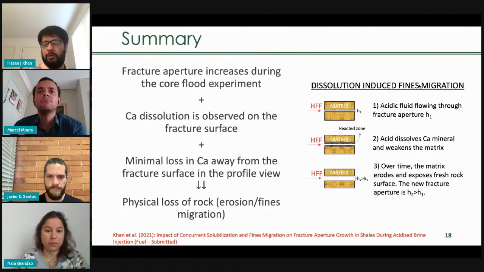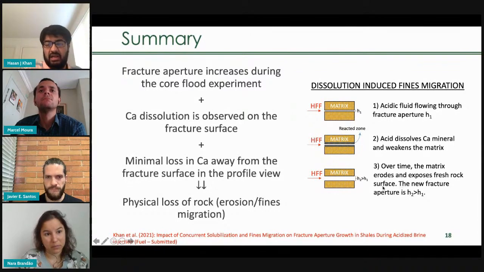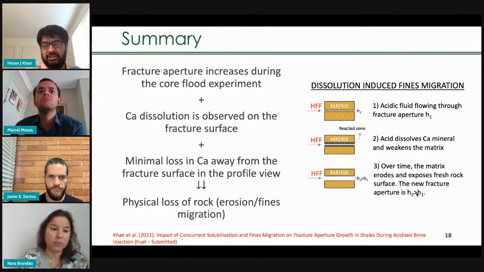And as more and more fluid passes through, the weaker matrix erodes, and that exposes fresh rock surface. That basically restarts the process, because this fresh surface interacts with the fresh fluid that is coming in from the left-hand side. This results in an even further increment in the fracture aperture, and the new fracture aperture H2 is larger than the older fracture aperture H1.